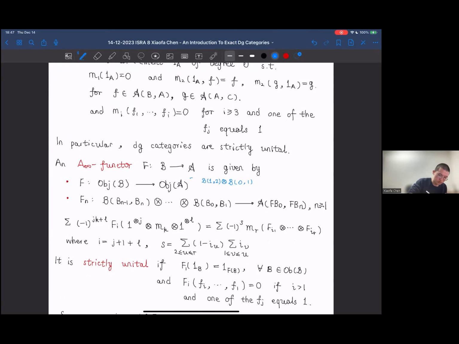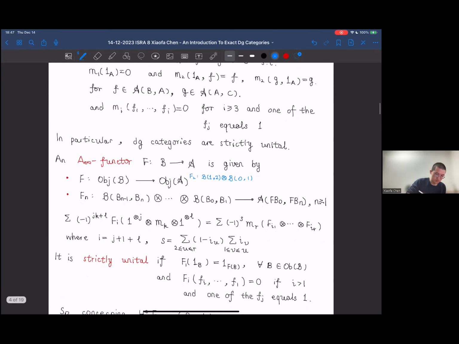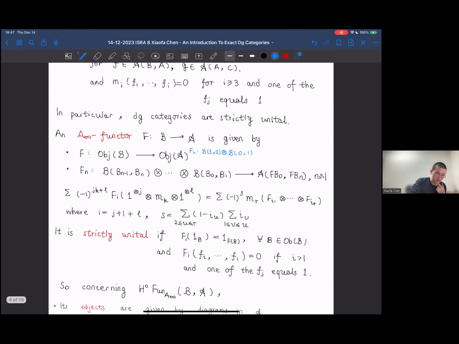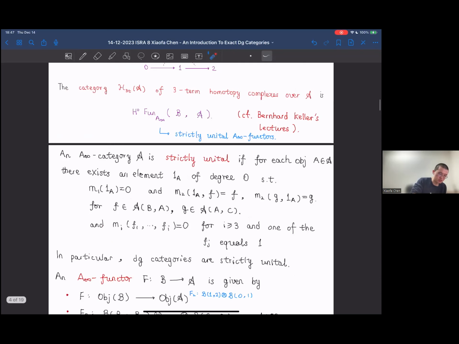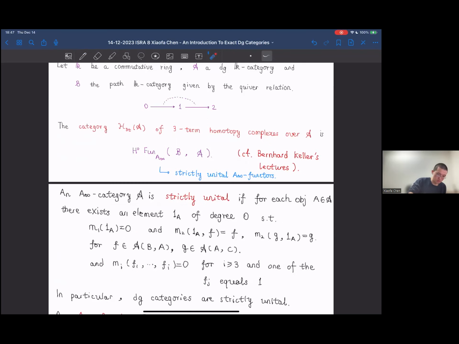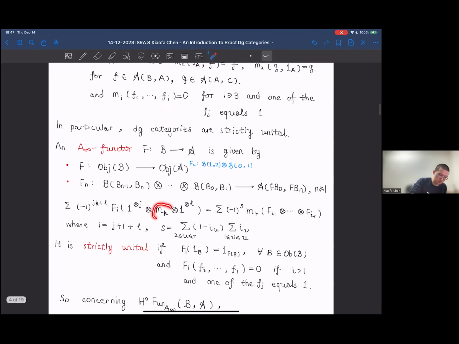Whenever there is an m1, then it vanishes. So this k is either 2, so that this becomes a composition, but the composition will be 0, it vanishes, or this just does not exist.